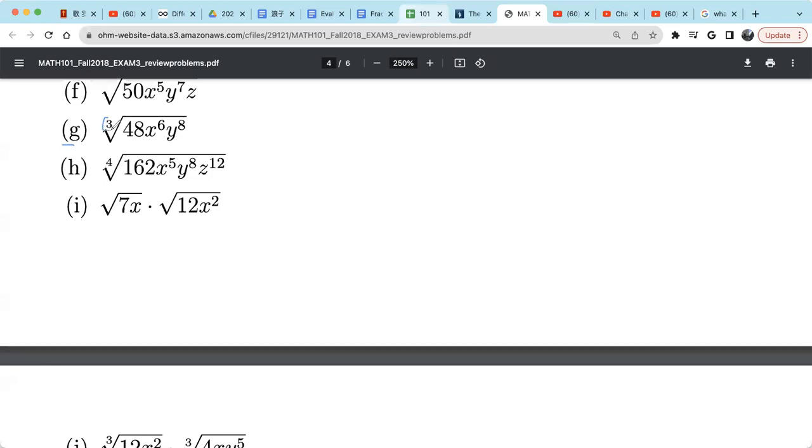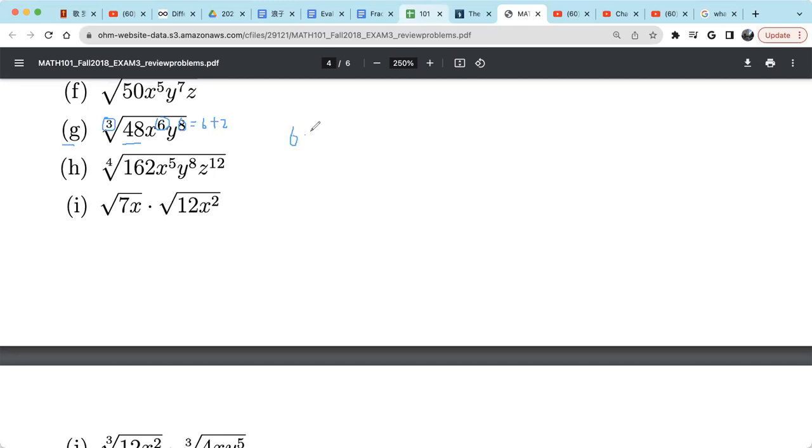Now our index is cube. We're looking for power 3 again. 6 is perfect because 6 divided by 3 is 2. And 8, we want to split it into 6 plus 2. What about number 48? 48 is 3 times 16, or 6 times 8, right?